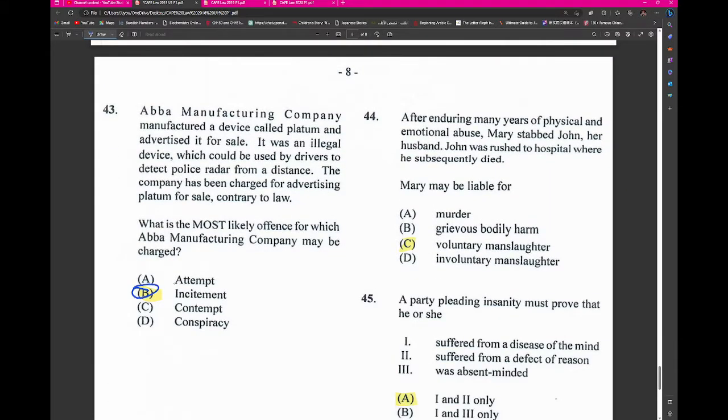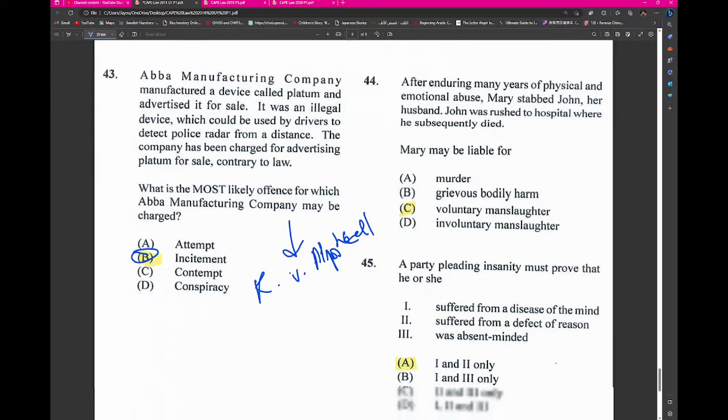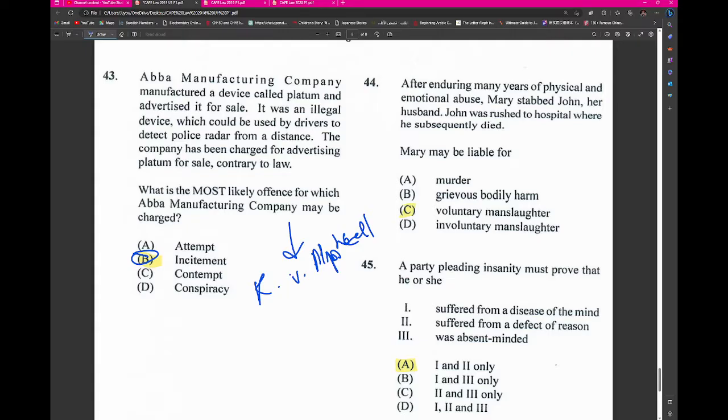And no incitement. We can know incitement through R versus Whitehouse. After enduring many years of physical abuse, I don't think this.